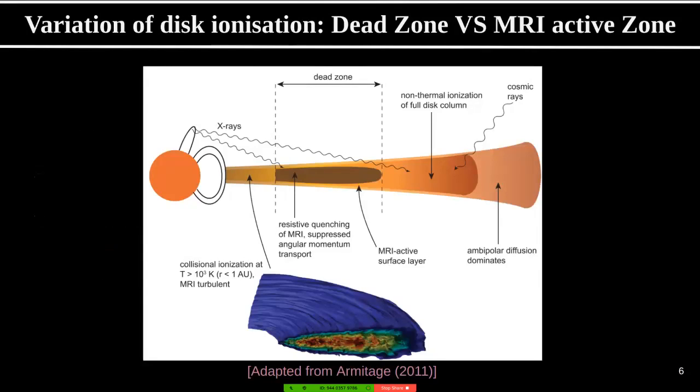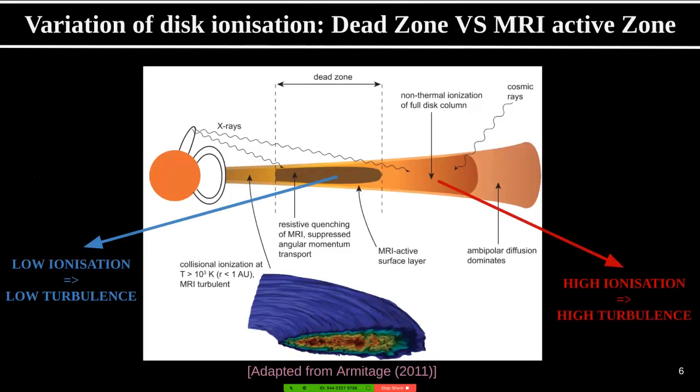The magnetorotational instability, also called the MRI, cannot be at play everywhere in the disk. Especially when the ionization level is low, the MRI cannot develop, because as a reminder, the MRI is the consequence of the coupling between the magnetic field and the charged particles. Where the ionization level is high enough, the MRI can develop and generate turbulence.